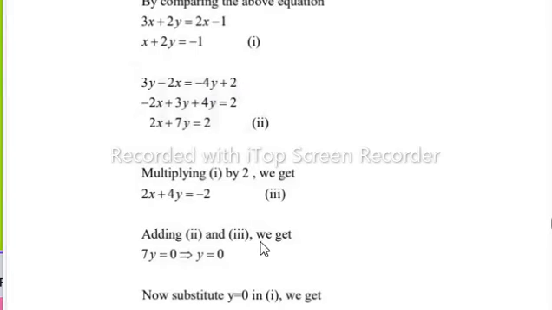Adding equation 2 and 3, we get, by adding equation 2 and 3, this one is 2 and this one is 3.